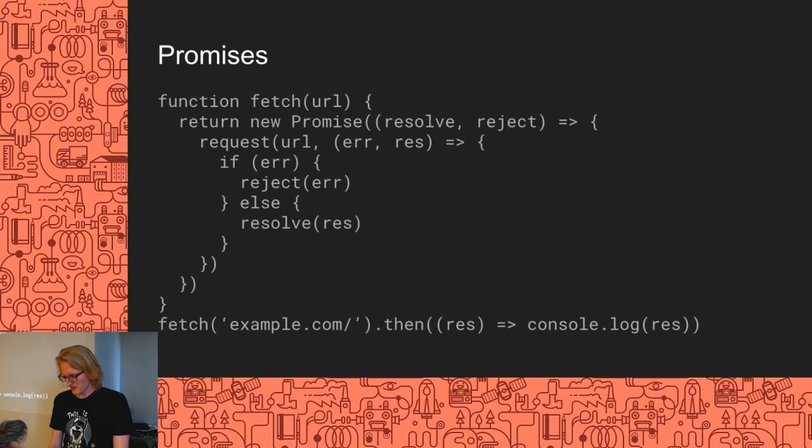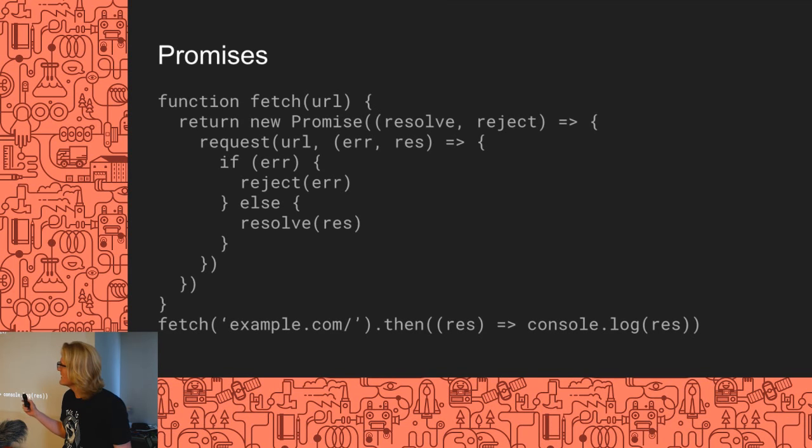This is how, if you wanted to sort of promisify the request example function I had been using earlier, you could write your own. You can pretty much promisify anything that takes a callback. Here, we're making our own fetch function, simplified to just take a URL, not handling posts or headers or anything.